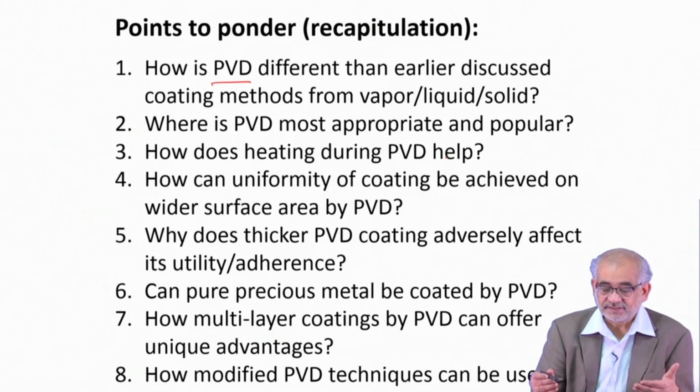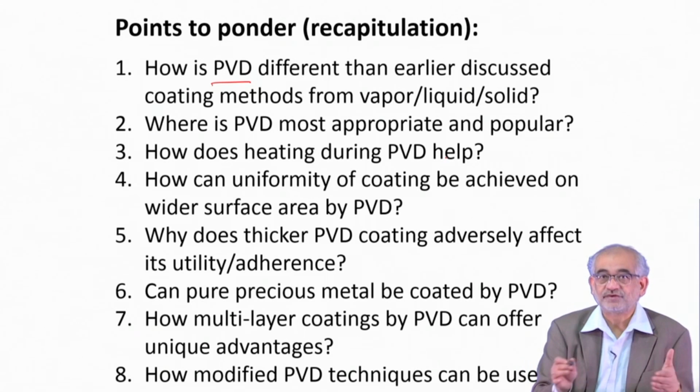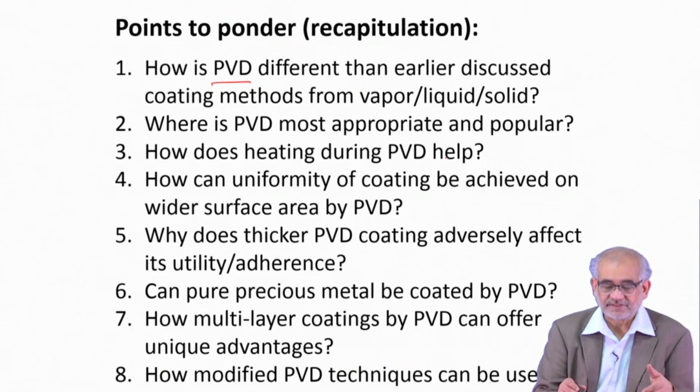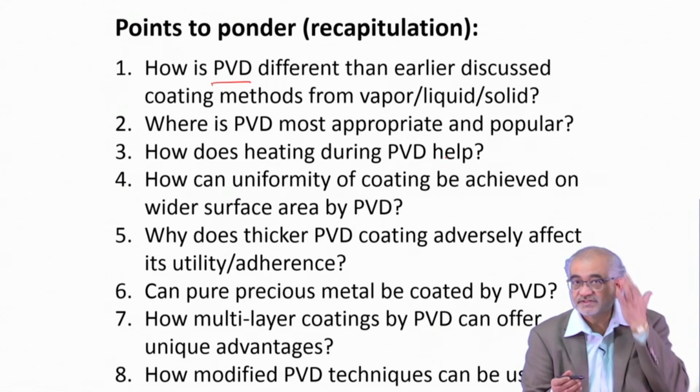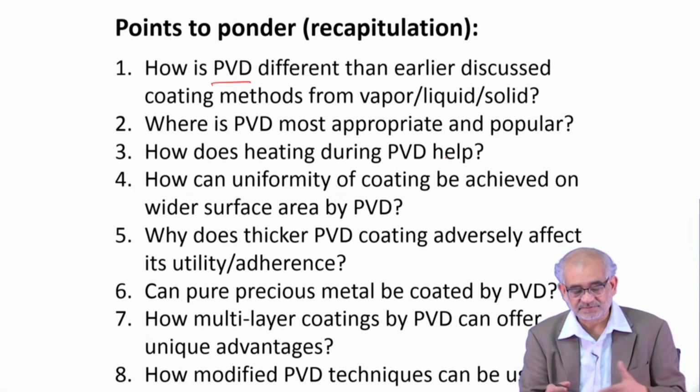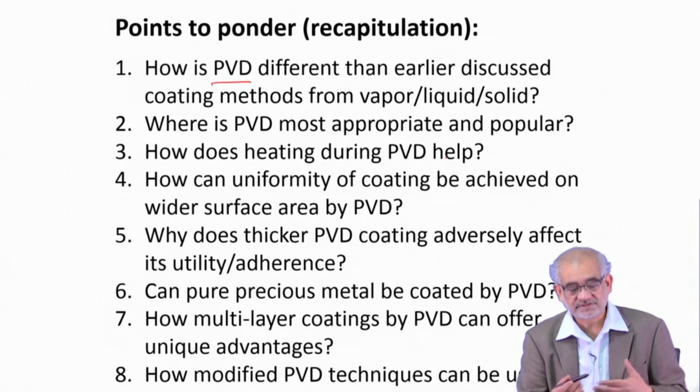We can also make sure that we coat uniformly by having multiple targets or having a vapor zone much wider than the component that we want to coat. We also can make the coating more uniform by creating a plasma inside, by introducing a certain amount of argon.